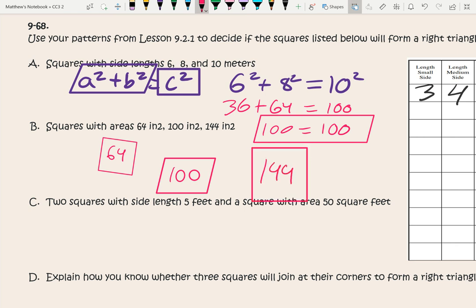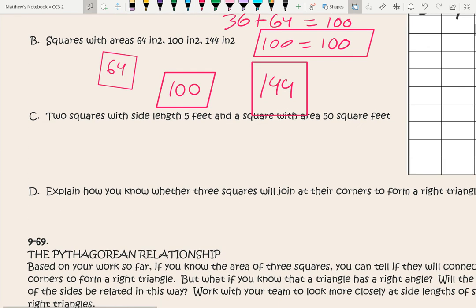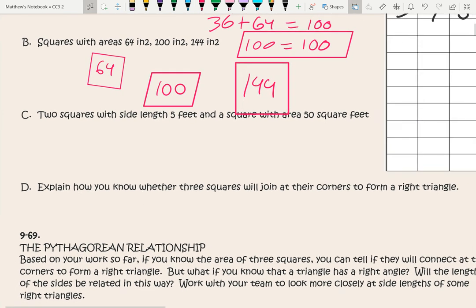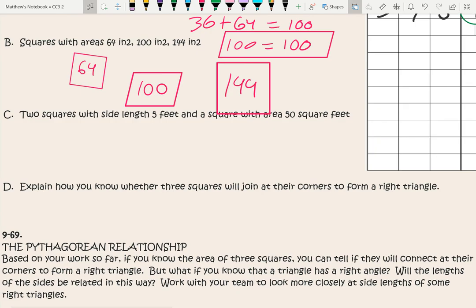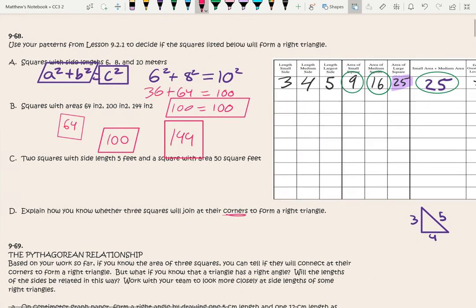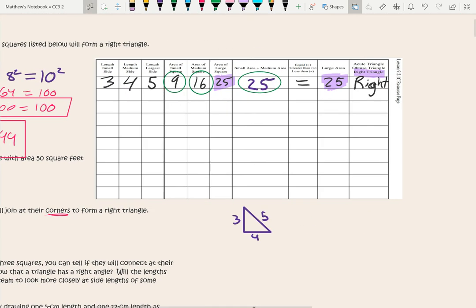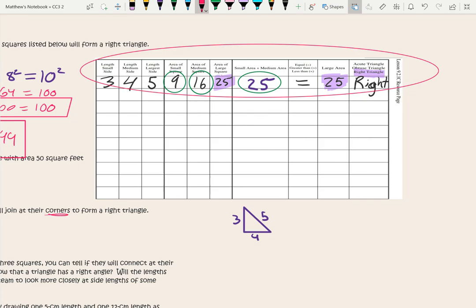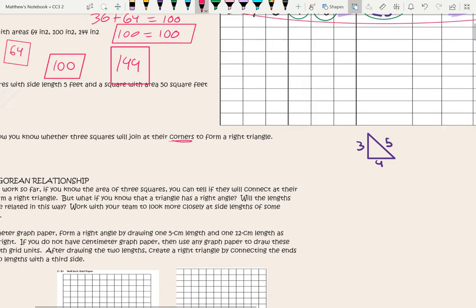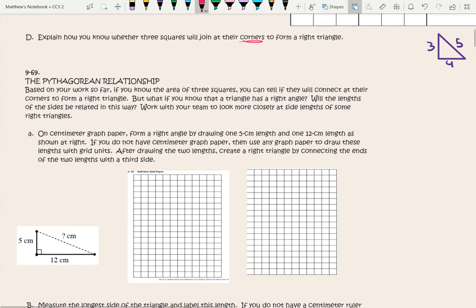Is that going to allow me to create a right triangle when I put these together just like I did yesterday for our activity? Same with C. And then finally, looking at D, explain how you know whether three squares will join at their corners to form a right triangle. All right, so think about the relationship here that we looked at on our resource page from yesterday. How do you know if it's going to form a right triangle or not?